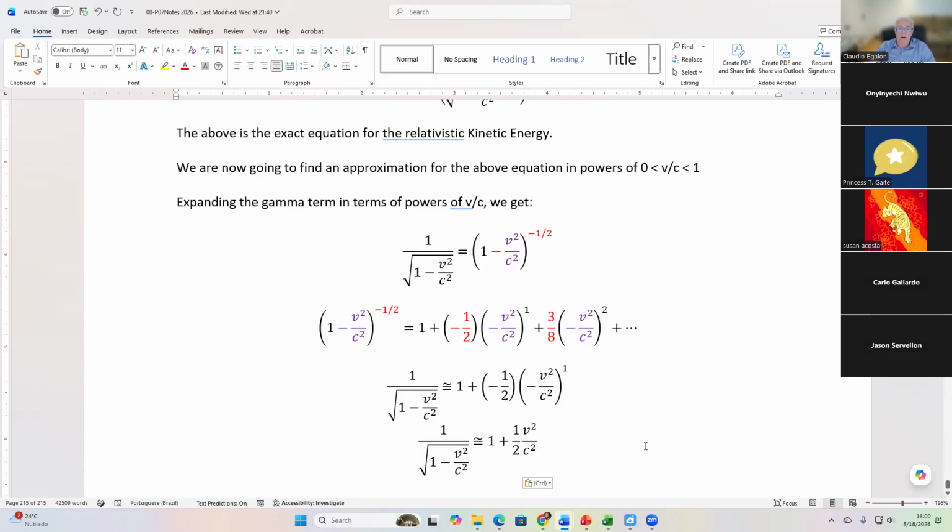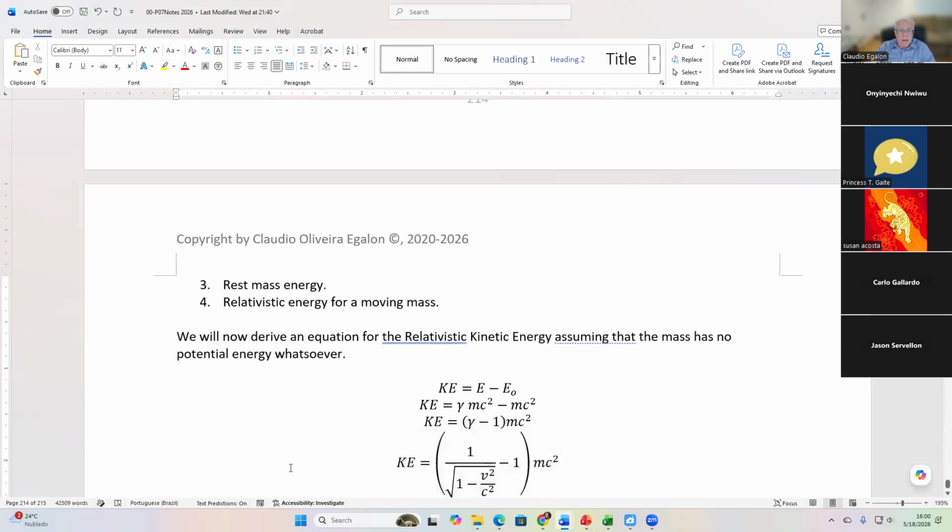Here you go. And now I can replace this relationship right in here in the equation for the kinetic energy. Let's get that. Okay, that's the equation for the kinetic energy right in here.